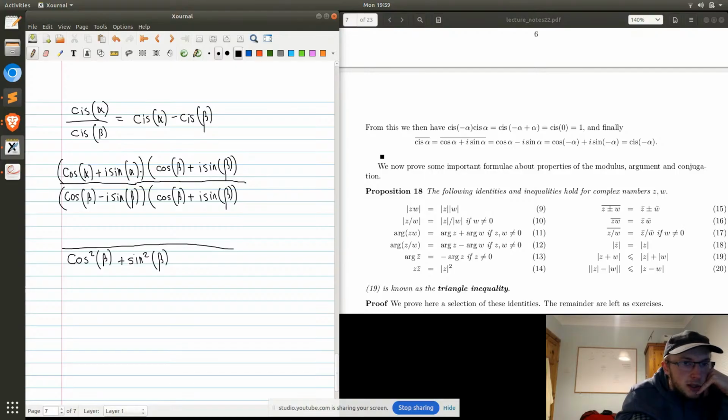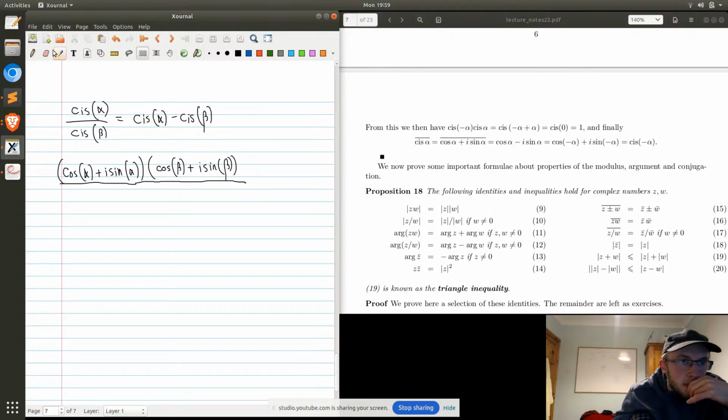Right, so the numerator is just that now. And so then the question is, does that equal cis alpha minus cis beta?